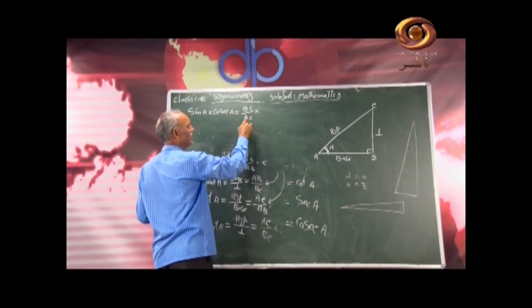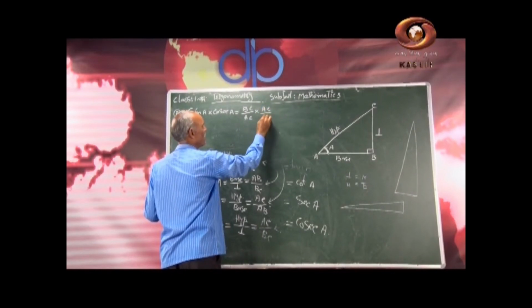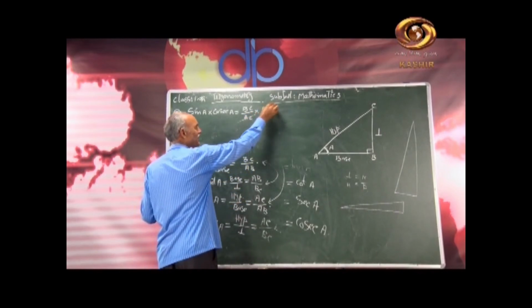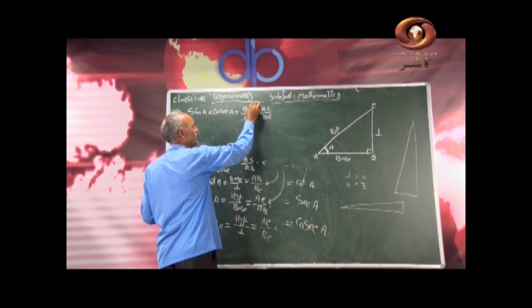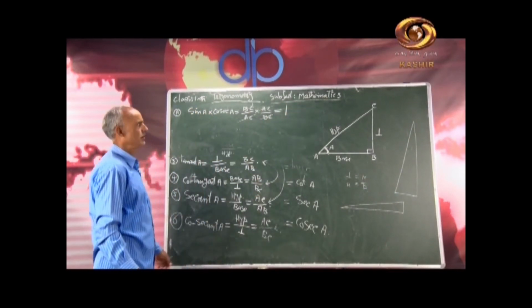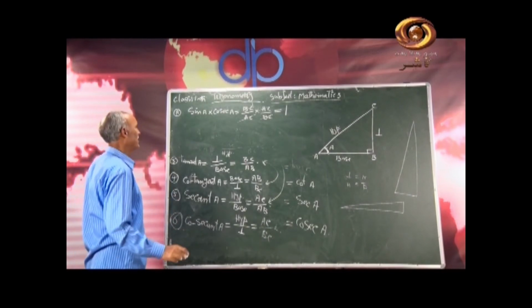But for cosec, it is the reciprocal, hypotenuse AC by perpendicular BC. So AC will cancel out, BC will cancel out, and it will always be equal to 1. Our first formula: sin A into cosec A is equal to 1.